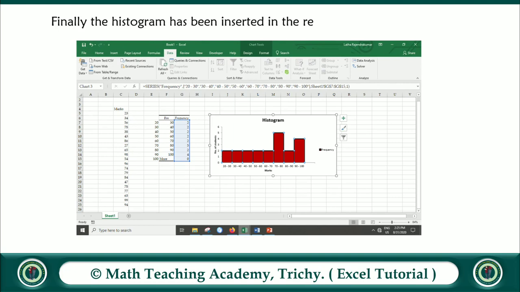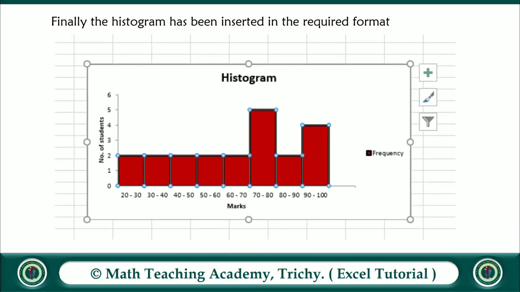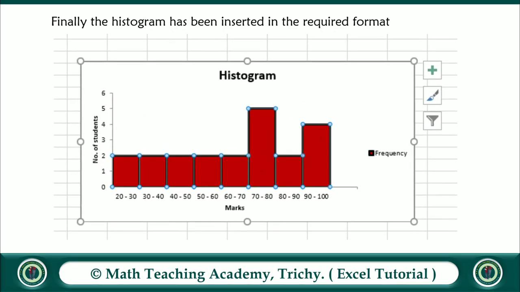Finally, the histogram has been inserted in the required format. If you want to change the layout, select the histogram and then click the Design tab and then choose whichever design you like. So this is the required histogram.